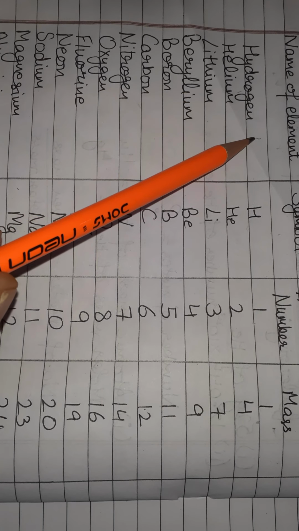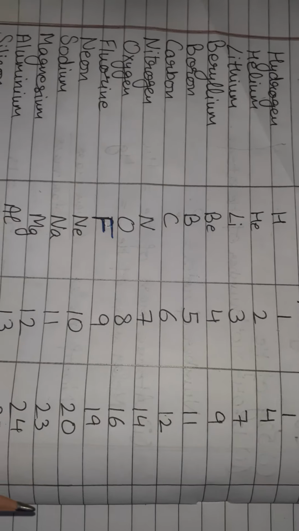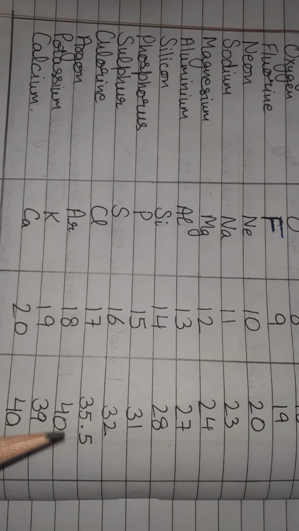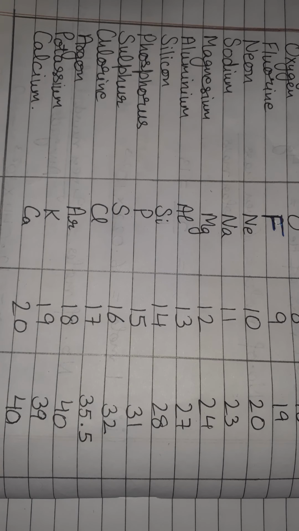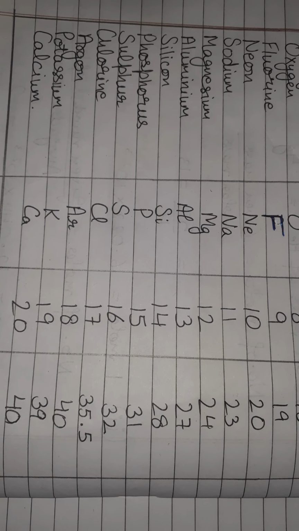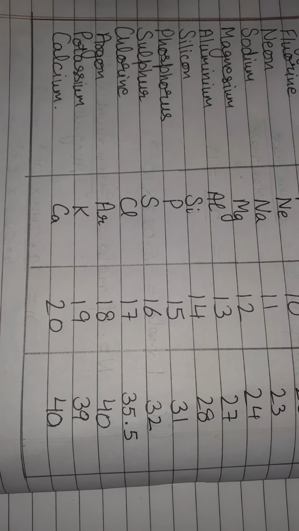Similarly, you have to remember the atomic masses of all these elements up to calcium. I have given this in your PDF notes. So check it out and learn all these 20 atomic masses by heart, and it is very important in order to solve the numericals. Now this is all about your chapter.